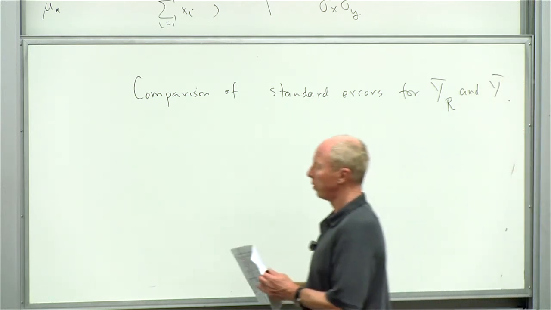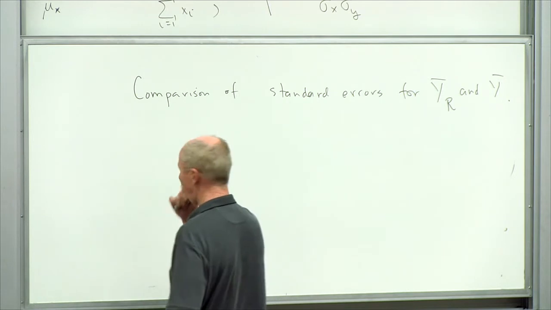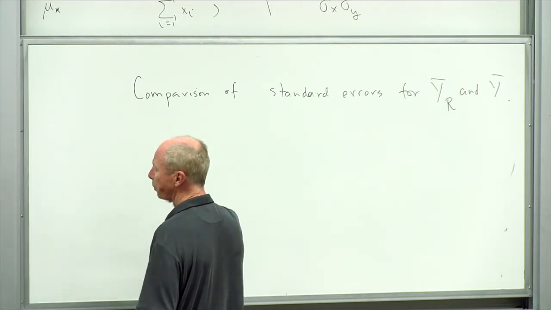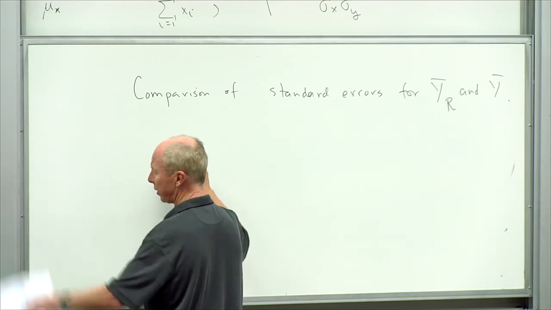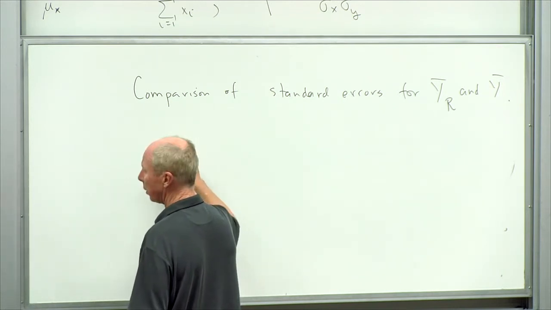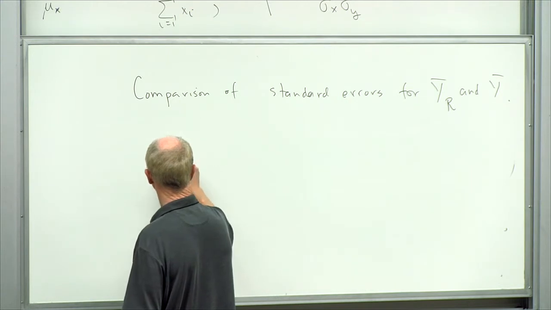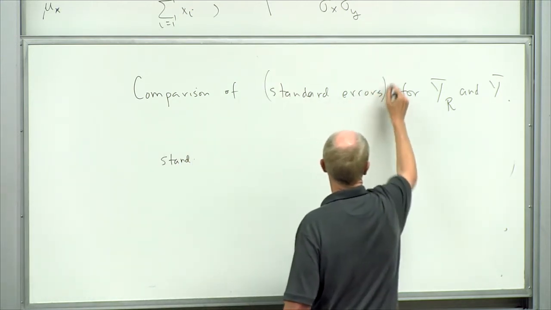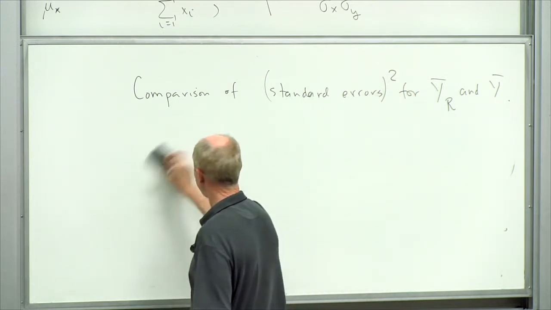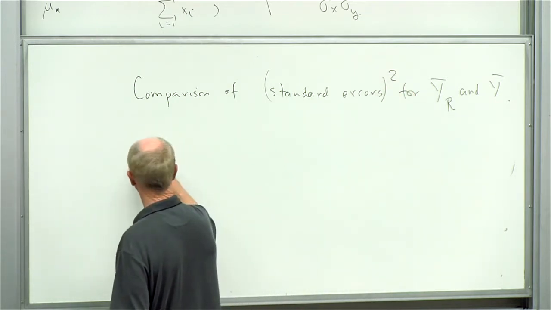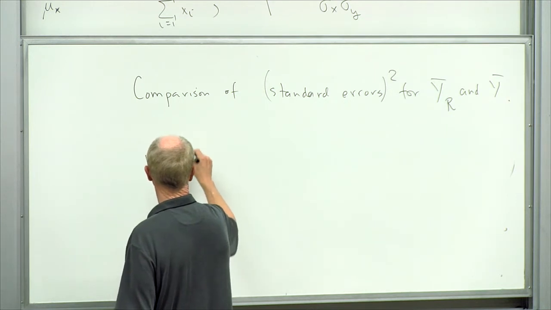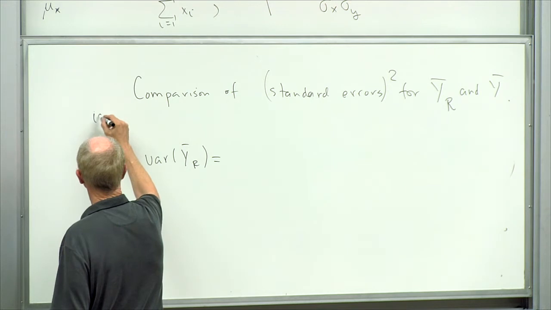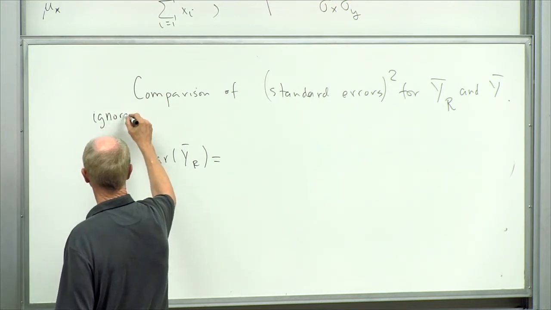Well, over there, the standard error is the square root of the variance. So what do we get? I'll call them the standard error squared. Okay. Variance of y bar R. And ignore the finite population correction.